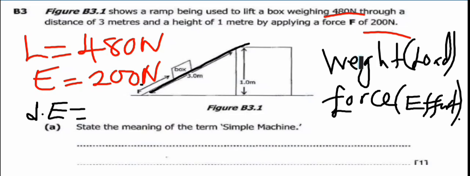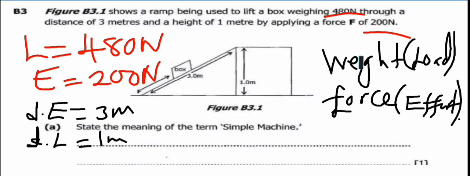As you can see, force F was applied. Now the distance which was covered here is just what? 3 meters. Then the distance moved by load, meaning the height that we have here, is what? 1 meter.